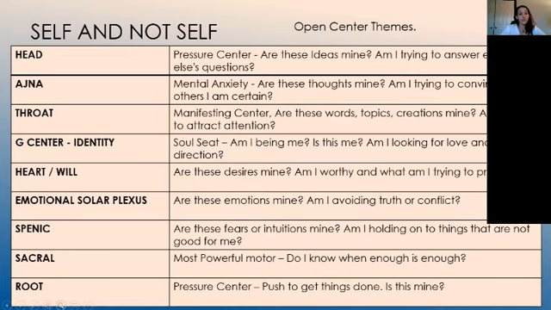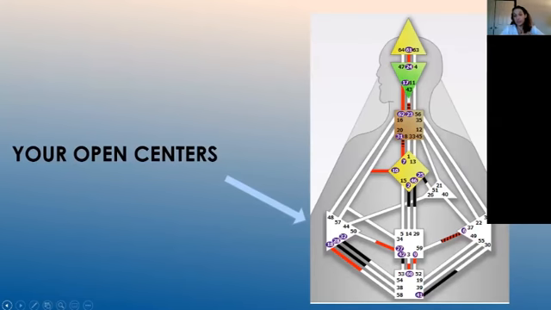The next center down is going to be the G center. If your G center is not defined, you may have had a frustrating time really with the question of who am I? People with the open identity center, this yellow triangle in the middle, struggle sometimes because with it open, no matter who you're hanging out with, you're going to feel that person so much that you can easily almost be a chameleon.